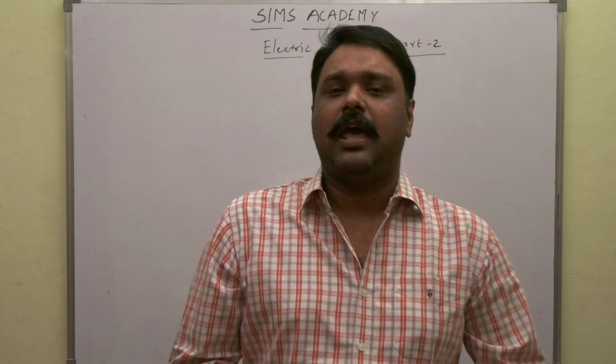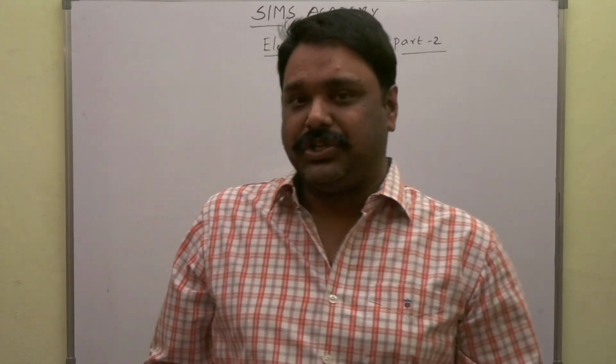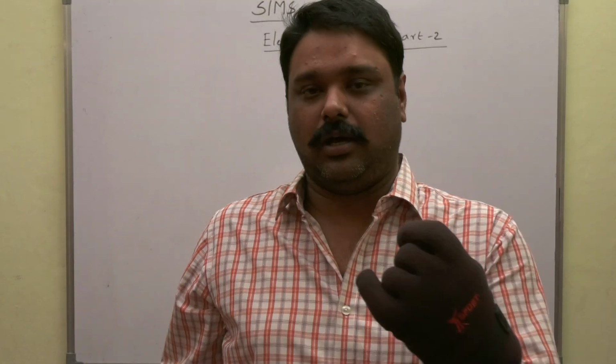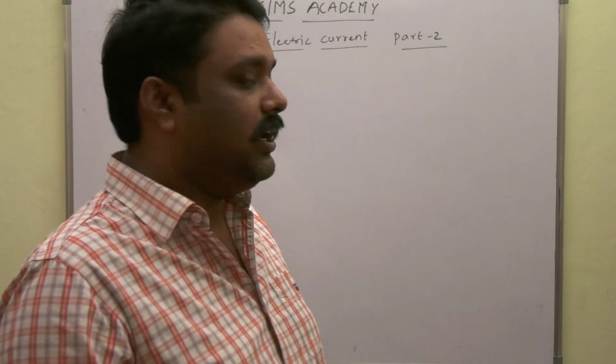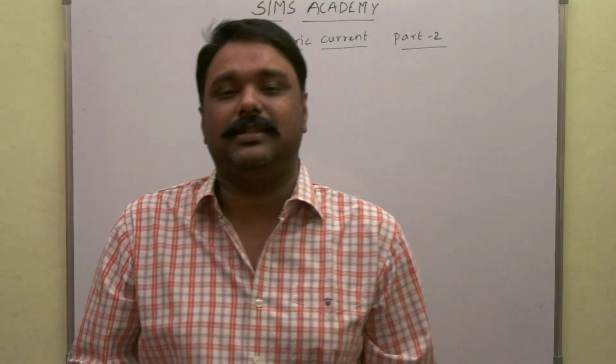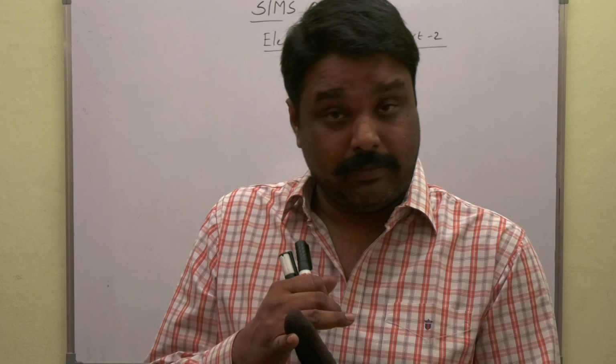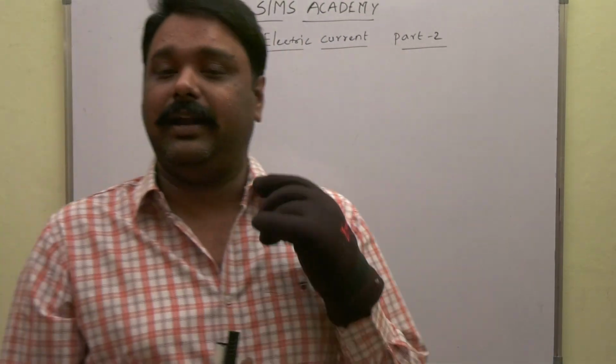Hi viewers. In the previous session we discussed some basic elements we have to learn in the chapter of electric current, that is, the division of electricity into static and current electricity.